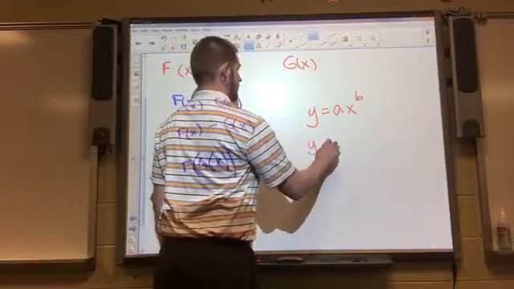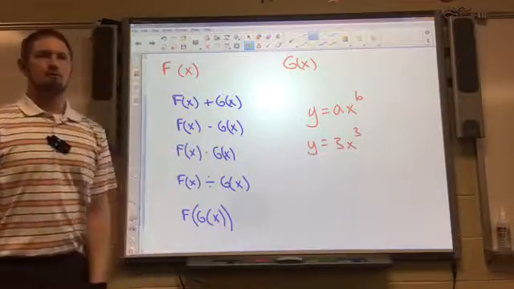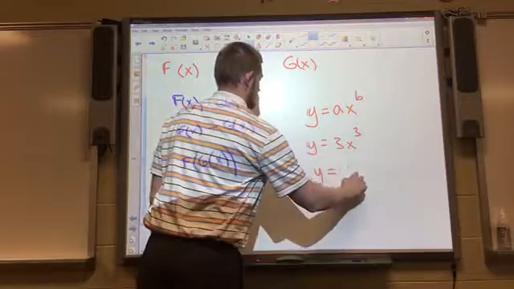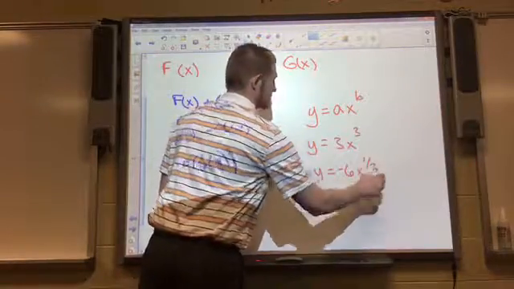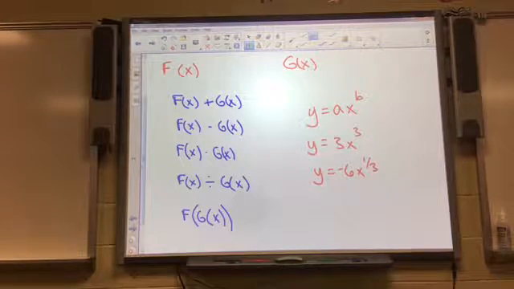So maybe y equals 3x to the third. Is that a power function? Yes. Y equals negative 6x to the 1/3. Still a power function. That's kind of what they're going to look like. At times we might add things onto the end of them, but that'll come a little bit later.